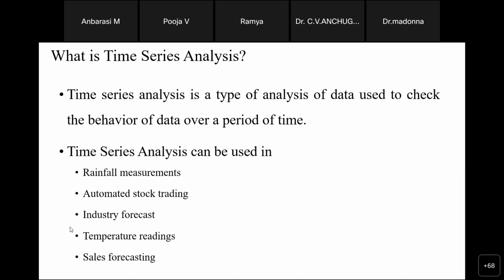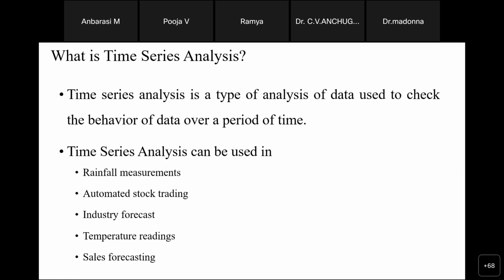Even in industry they use this forecasting. If I want to know the overall sales of a particular product in a particular region, based on that they can concentrate on the loss. If it is a profit, well and good.